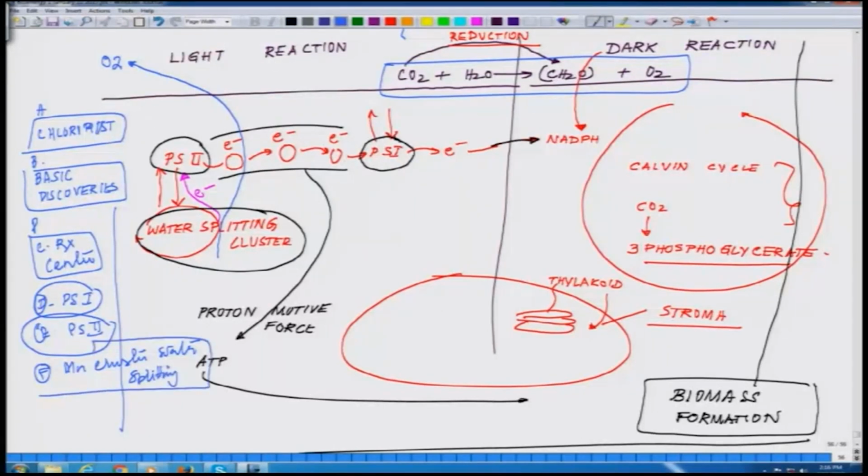So, each one of these segments is what we will be dealing with, and then from there we will talk about this biomass formation in terms of C3, C4 plants and evolving technologies.